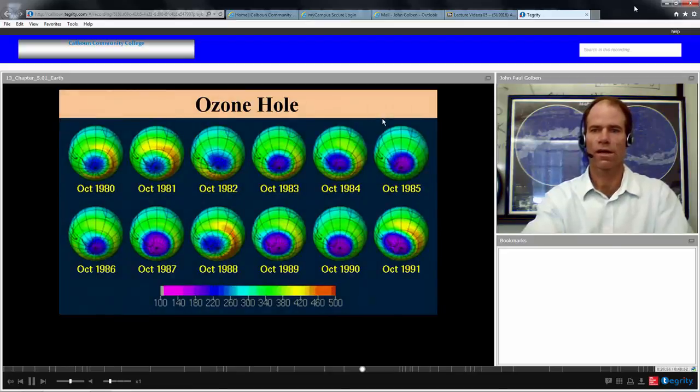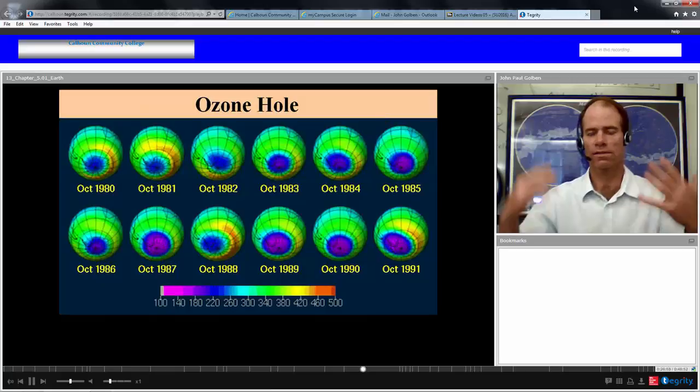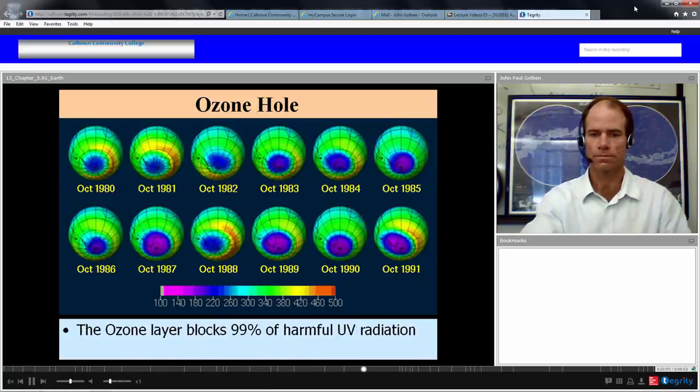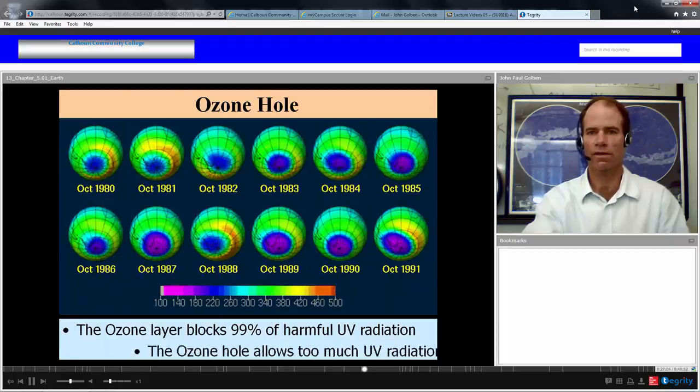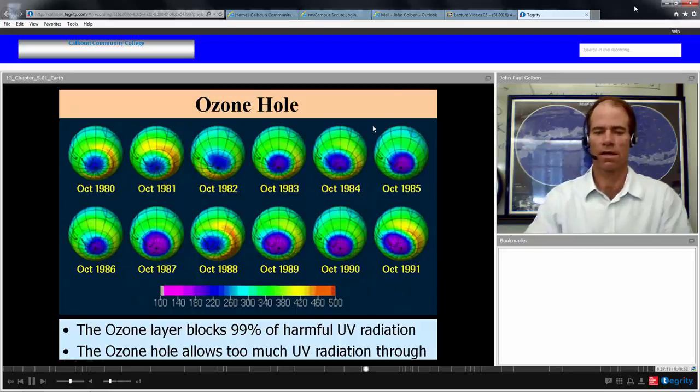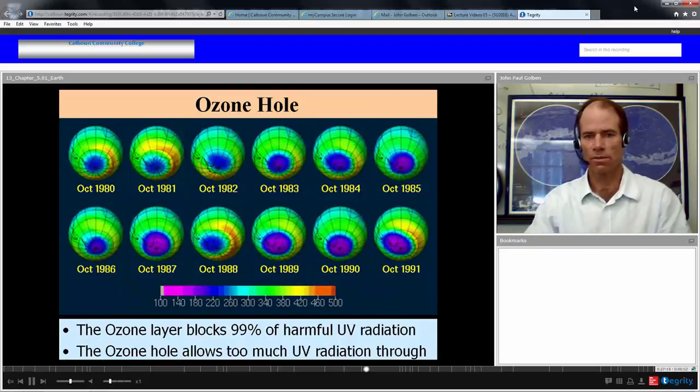One of the other layers that protects life as we know it is the ozone layer at the top of the stratosphere. The ozone layer blocks 99% of the harmful ultraviolet radiation, and in recent years, an ozone hole has been observed to form over the Antarctica and over the Arctic, which allows more of this ultraviolet radiation through.